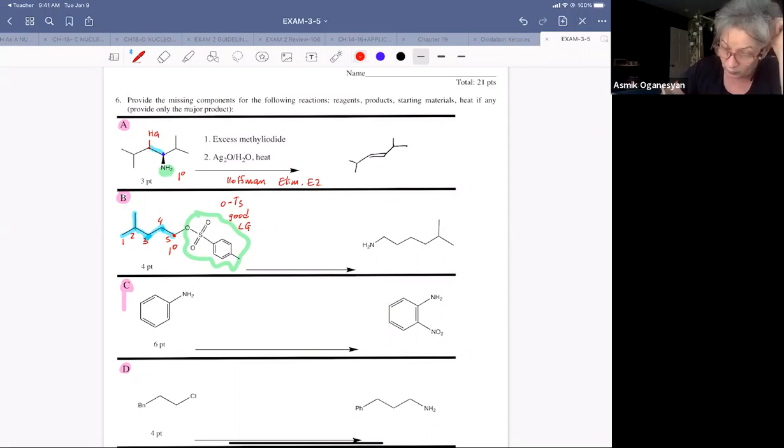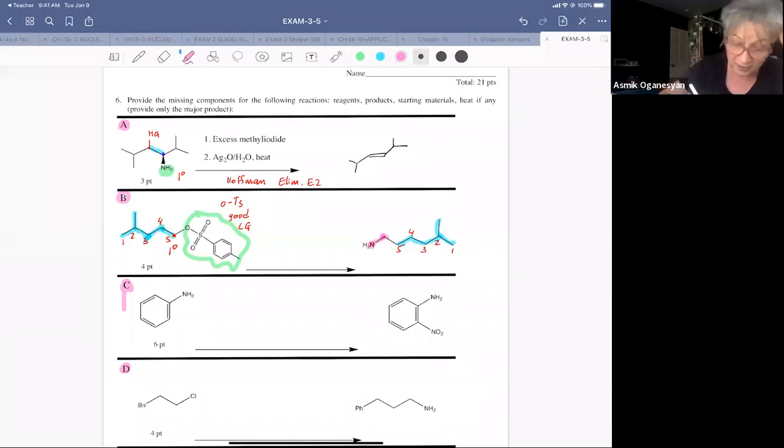I go for the product. The product is flipped. 1, 2, 3, 4, 5. This part belongs to the substrate carbon chain. And I can see that through the reaction, I've added an extra carbon. And I formed a primary amine.